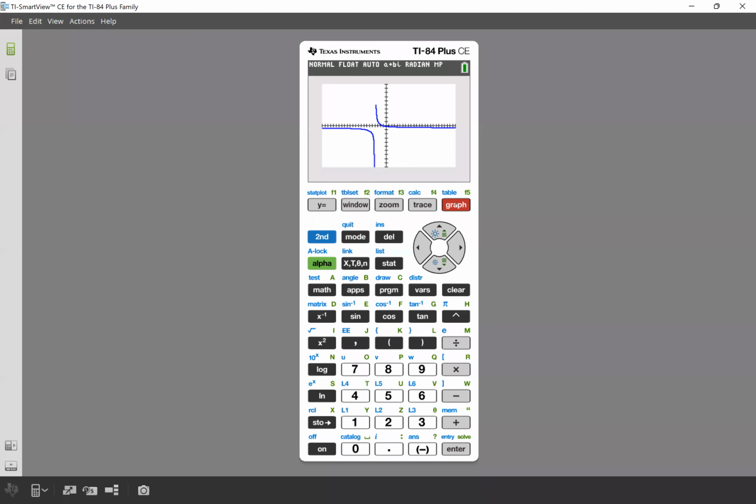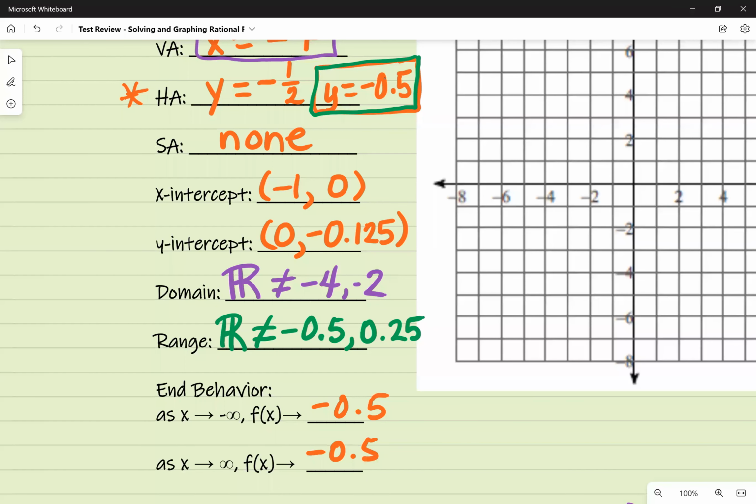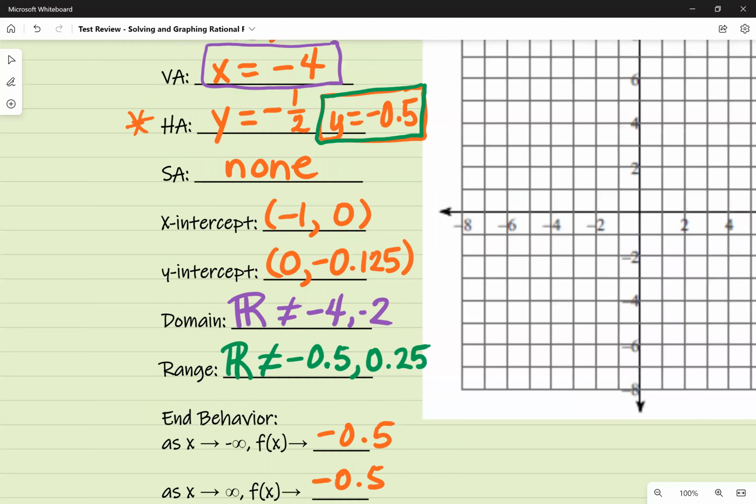And also, just back to this, it does not show your holes or your asymptotes, but if I look, I can kind of see that it's flattening out at that -0.5 for both sides of my graph. And then for my vertical, it kind of goes straight as well here at -4, where x is -4.